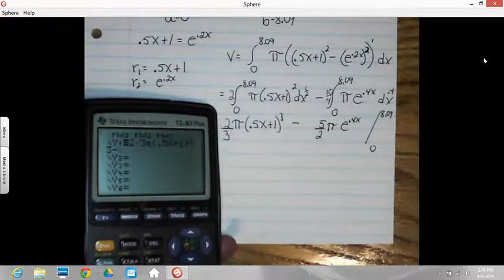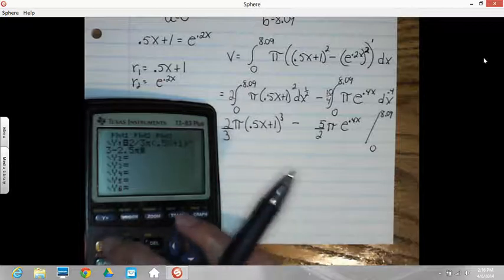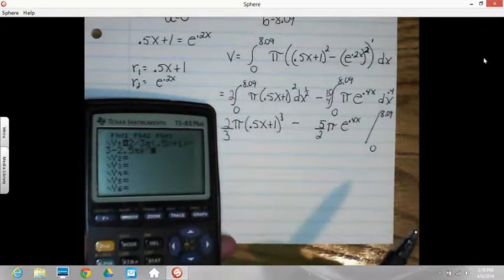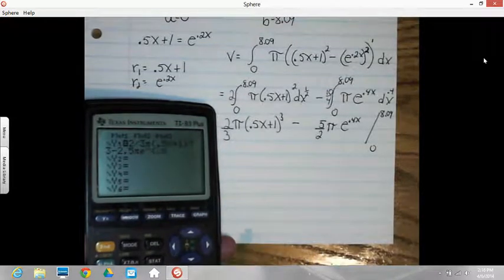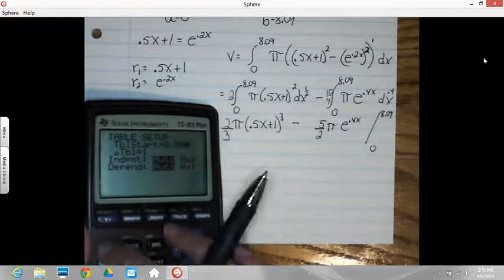Be 2.5 pi e raised to the 0.4x, and I want the table to be at 8.09.